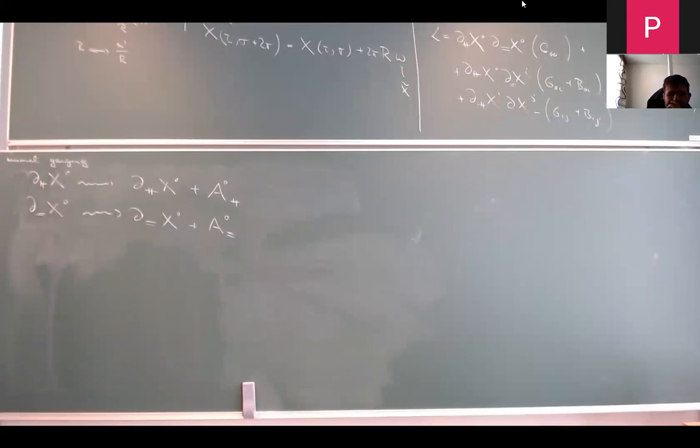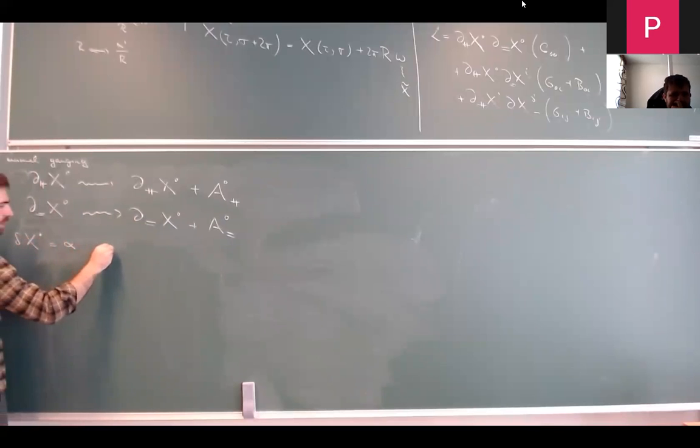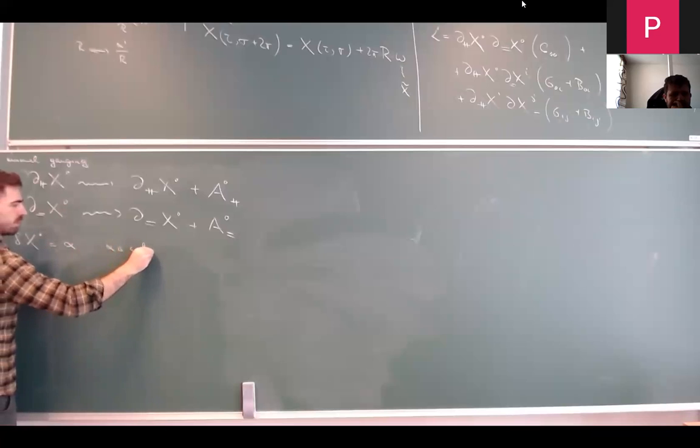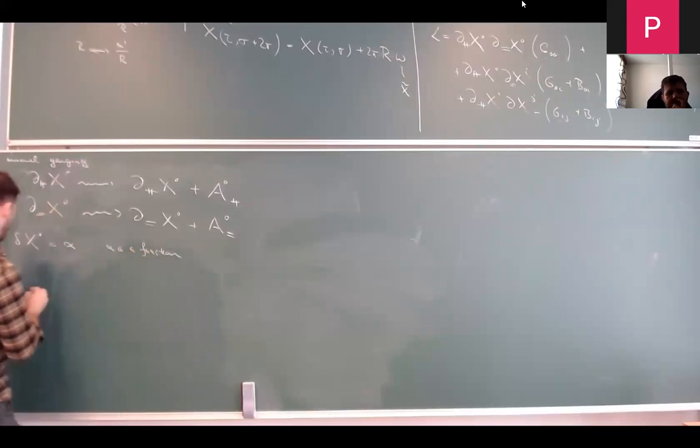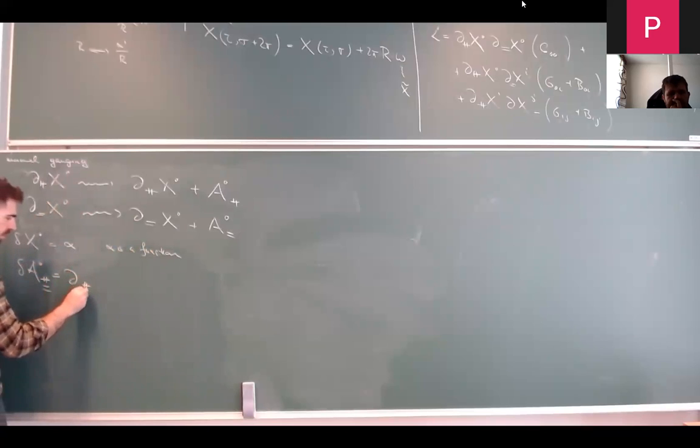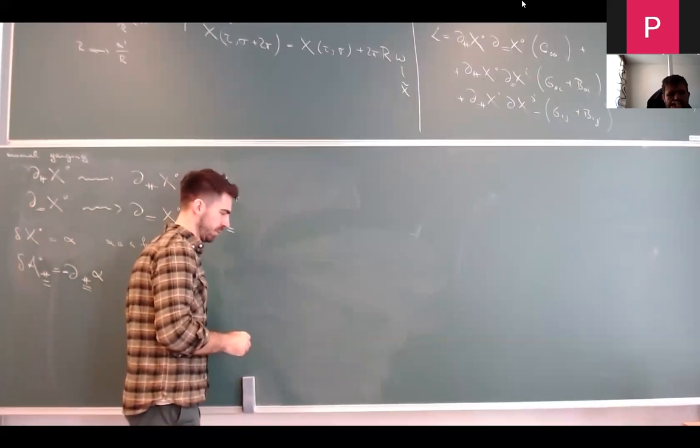It's the same idea. Now if I make x transform with this function alpha, then I better make the gauge field A0 transform accordingly, plus or minus the derivative of alpha. This way everything will cancel out and we still have a symmetry of our Lagrangian.